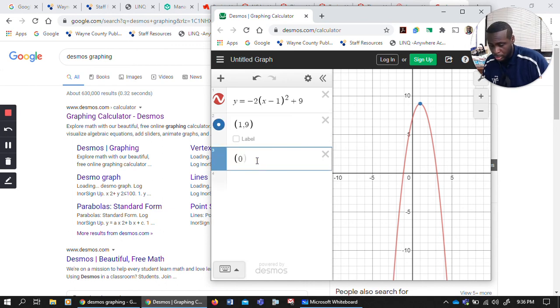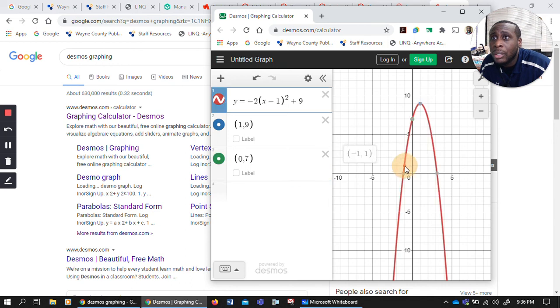You don't have to do this here, but I'm just doing it. The next point on the left side, the next point that has a whole number for both the X and the Y value, is negative 1, 1.